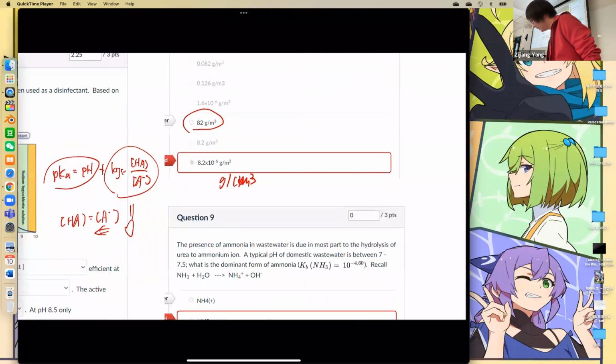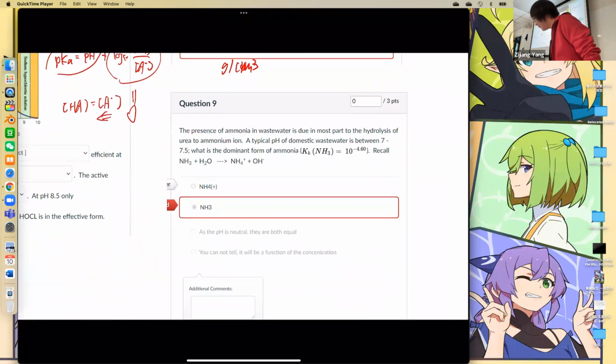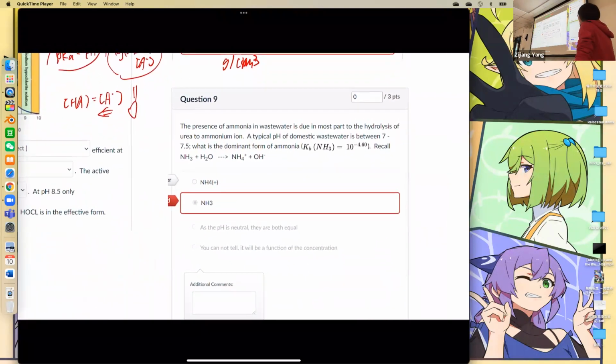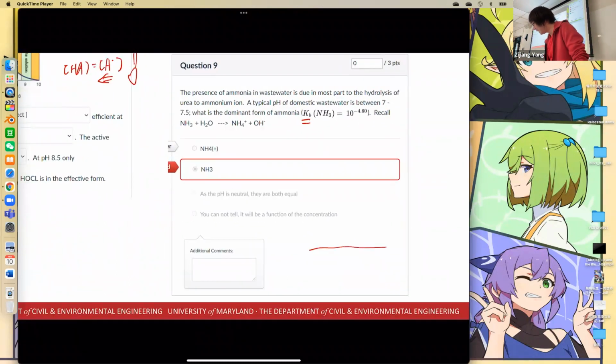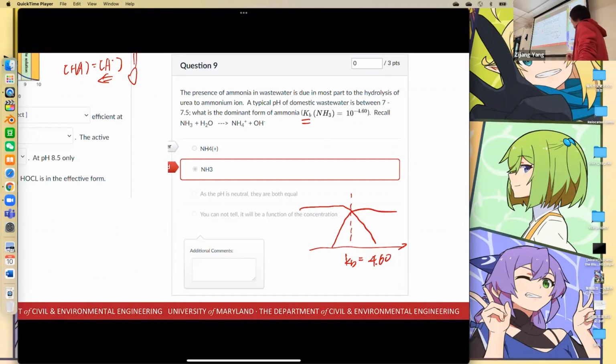And I guess if we had gram per cubic centimeter, that should be correct. And the last one is about the distribution of ammonium, and this is Kb, which is similar to Ka, but I didn't talk about it. This is the base dissociation constant, so it is similar to Ka. So at pH equal to the pKb, which is 4.60, we can still get the plot, something like that.